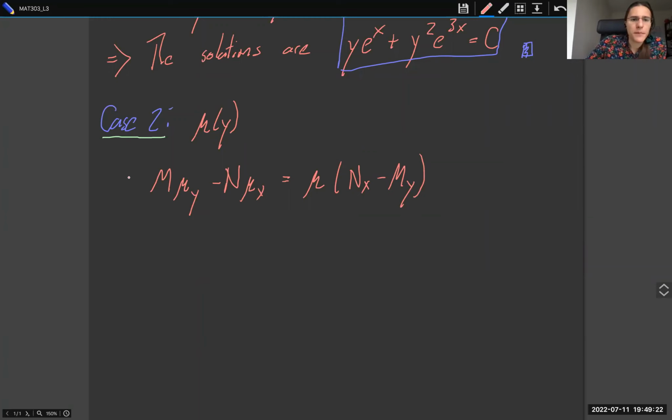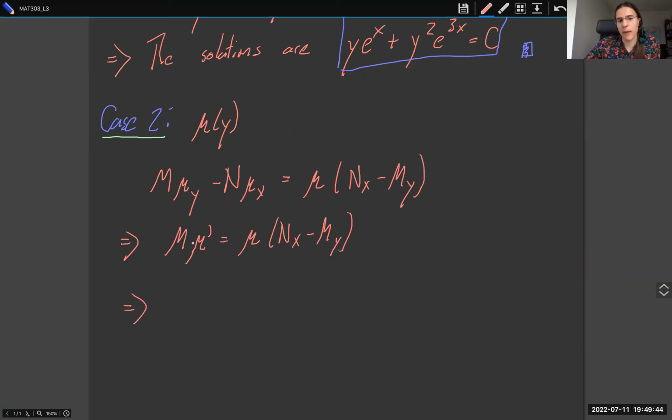Now, if mu is a function of y alone, then the mu derivative with x vanishes. So what we get is that m mu prime is equal to mu, which is a function of y alone, times nx minus my. And so what we get now is we don't get the minus sign.